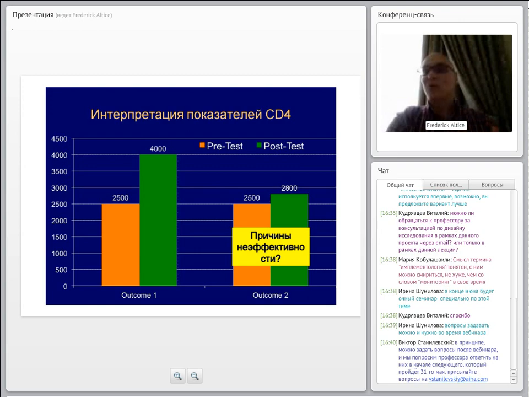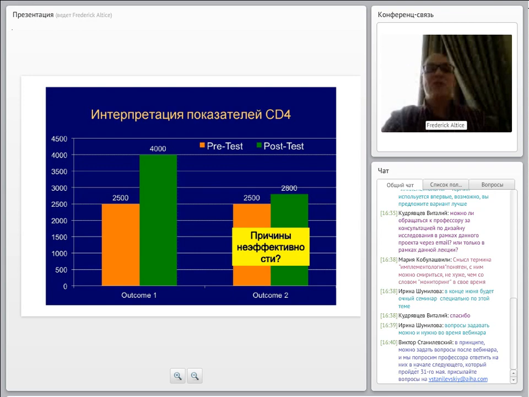But in Clinic B, or Outcome 2, you find that there's really only a marginal increase from 2,500 to 2,800, which is essentially no different whatsoever. So the question is, why didn't it work in Clinic B, but it did work in Clinic A? So you have to now begin to answer the question, and some of the answers may be in your phone log or in your fidelity observation.